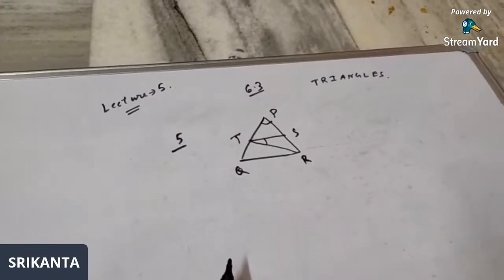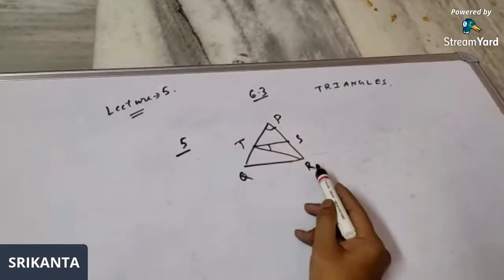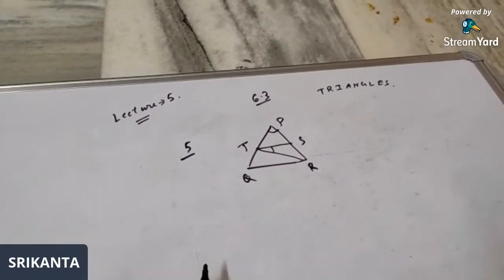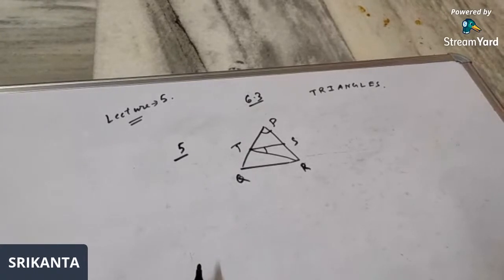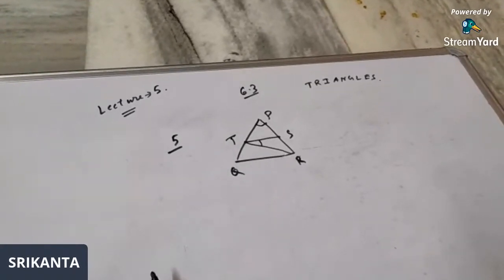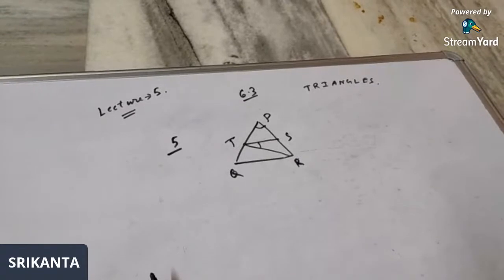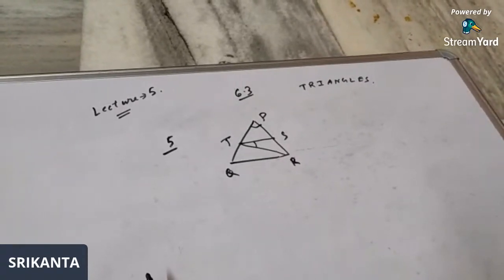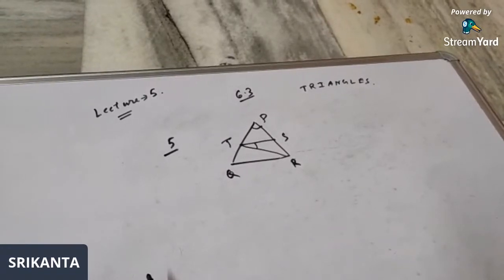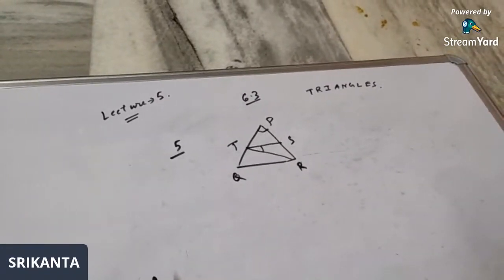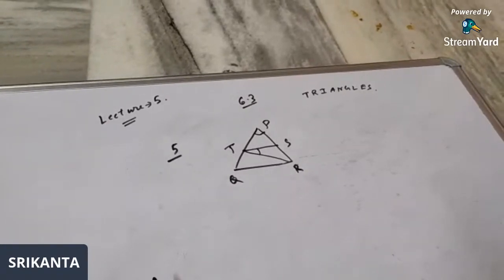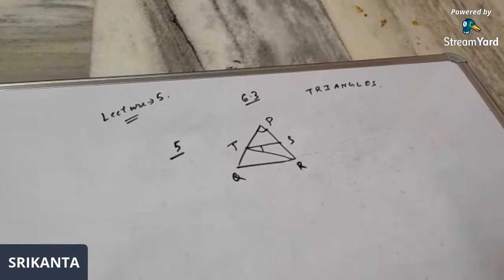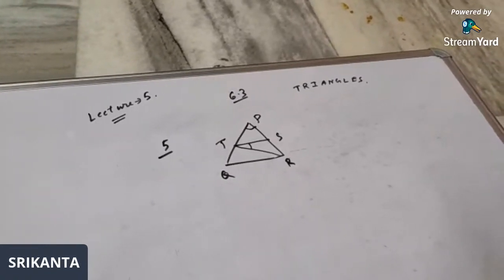Okay. RPQ, RTS. Angle P is equal to given angle RTS. S and T are points on the side PR and QR such that angle P is equal to angle RTS.